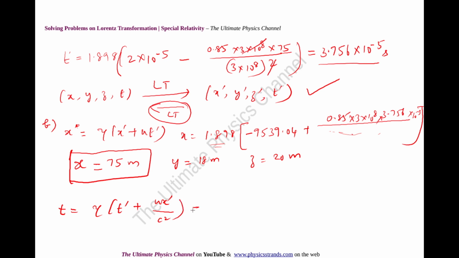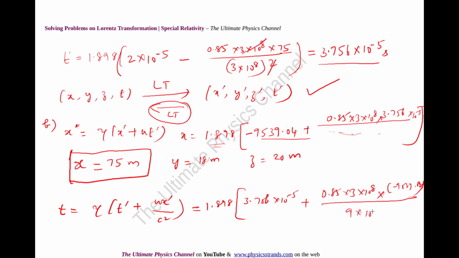So if you try to do this, you get 1.898 times our time, so we put 3.756 into 10 power minus 5, plus 0.85c, again the same thing, and then our coordinate is minus 9539.04, the same as whatever we obtained or used here, over 9 into 10 power 16, that is 3 into 10 power 8 whole squared.